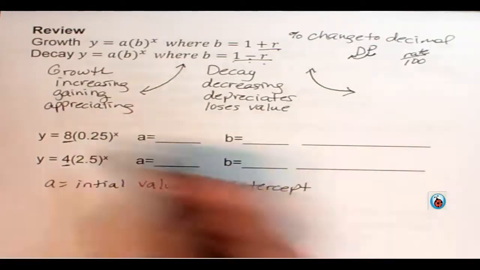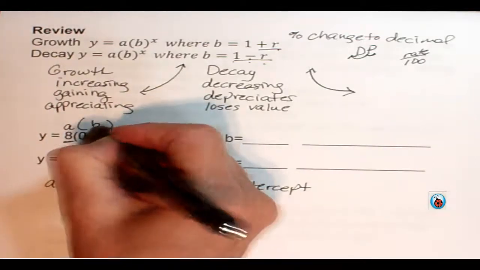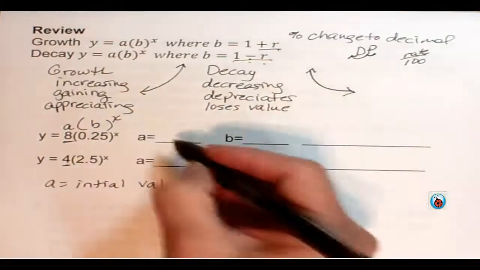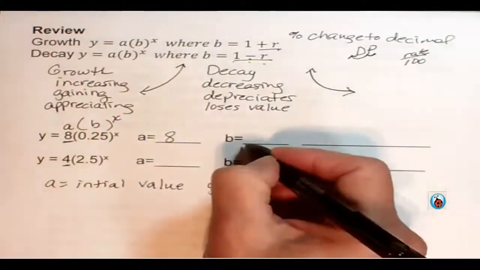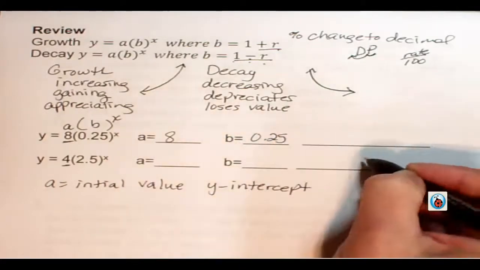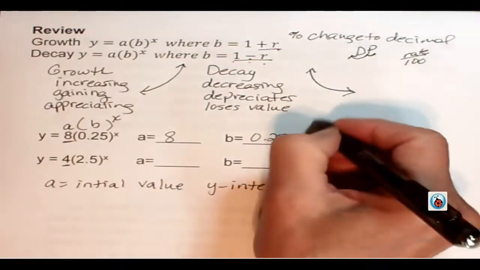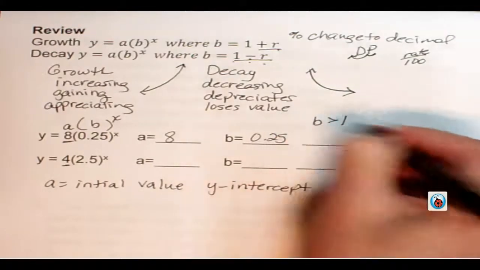All right, so this one here, if I write above it, a, parentheses is your b, raised to the x power. Your a is 8. Your b is 0.25. Now, if I'm determining if it's a growth or decay just by looking at the equation, if b is greater than 1, it's a growth.